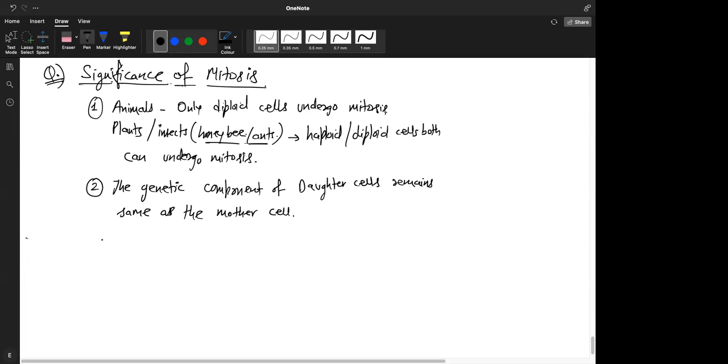It is just a process of copying. It remains the same, or identical. You can also use the word identical.